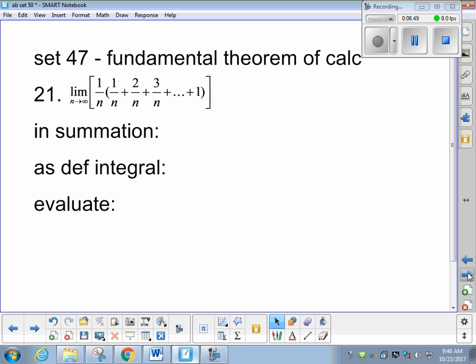Would you please write that expression in summation notation, please? The exact equivalent of that, but with sigma.